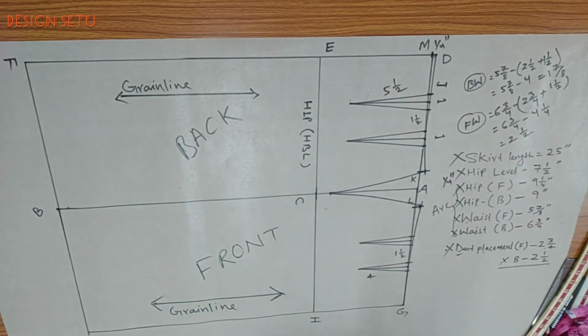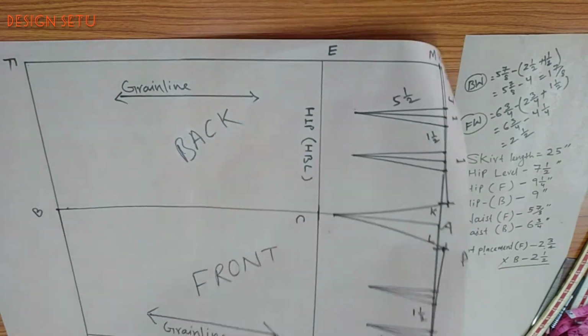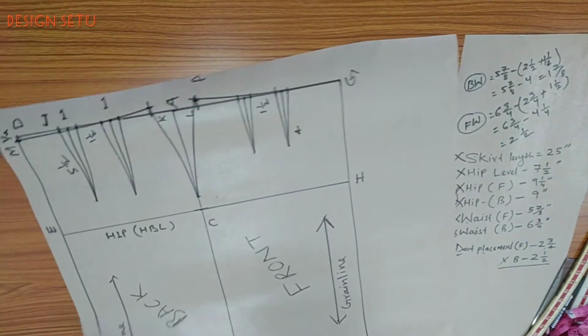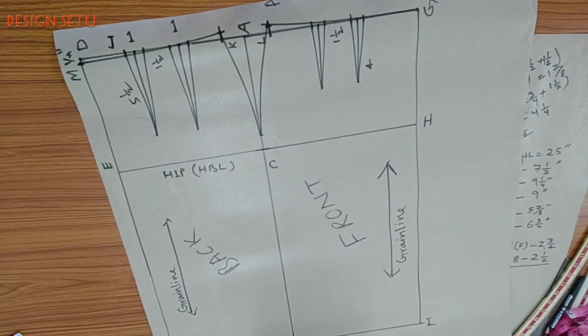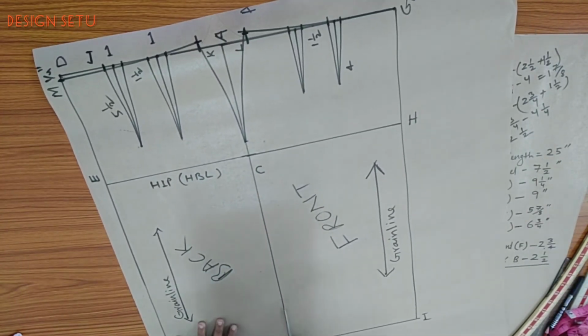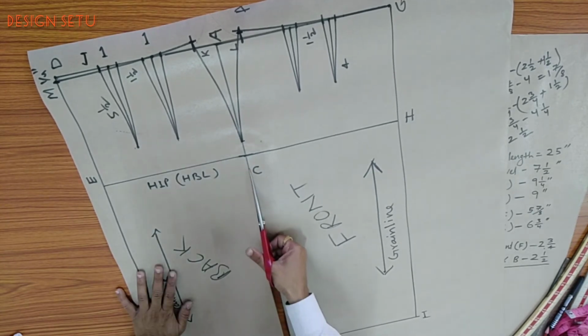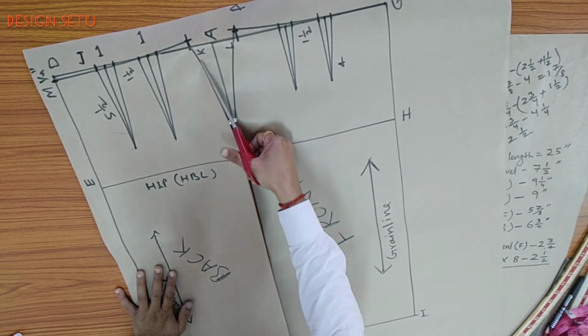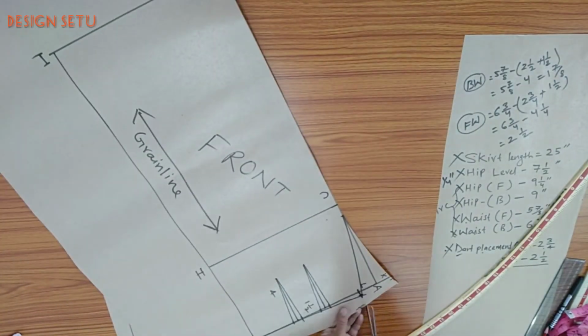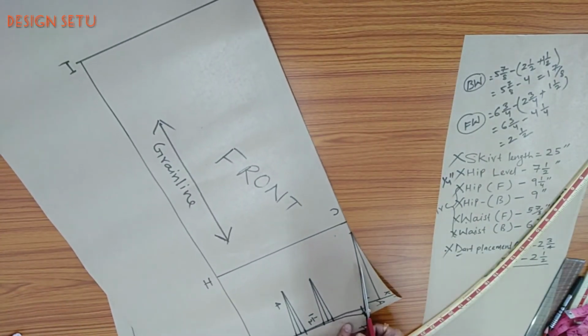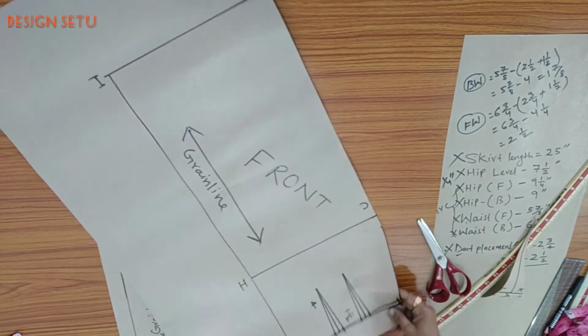Now cut your pattern as shown in the video. Do not cut the waist area. In this skirt we have taken a total of 2 inches at the hip area, and a total of 1/2 inch at the waist area.